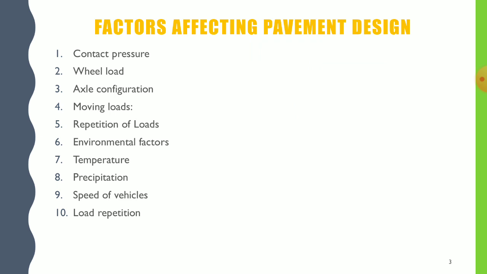Although the pavement deformation due to a single axle load is very small, the cumulative effect of the number of load repetitions is significant. Therefore modern design is based on the total number of standard axle loads. Usually a single axle load is considered as 80 kilonewton.